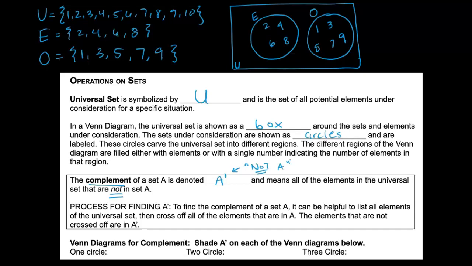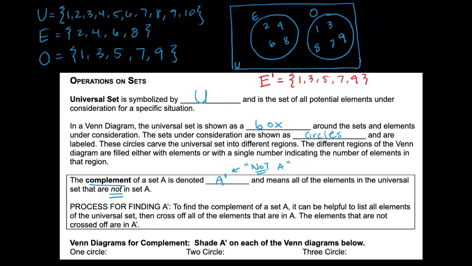So for example, let's say I wanted to find E complement. That would be all of the numbers that are not in E. Well, I could look at the picture and see that it'd be everything except 2, 4, 6, and 8. So I'd list out 1, 3, 5, 7, and 9.